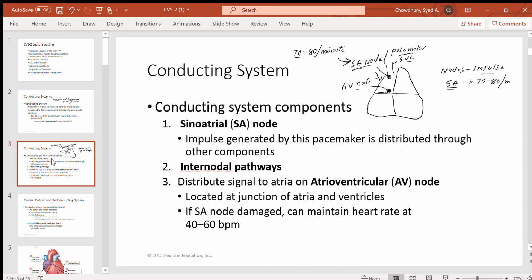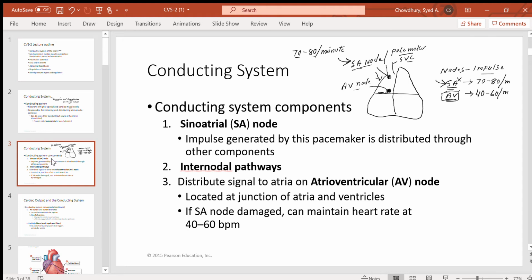The AV node is slower, and normally it doesn't control the heartbeat. Its rate is much slower than the SA node, we can say 40 to 60 beats per minute. Normally this one doesn't control the heart rate, the SA node does. However, the AV node is like an extra battery, reserved.